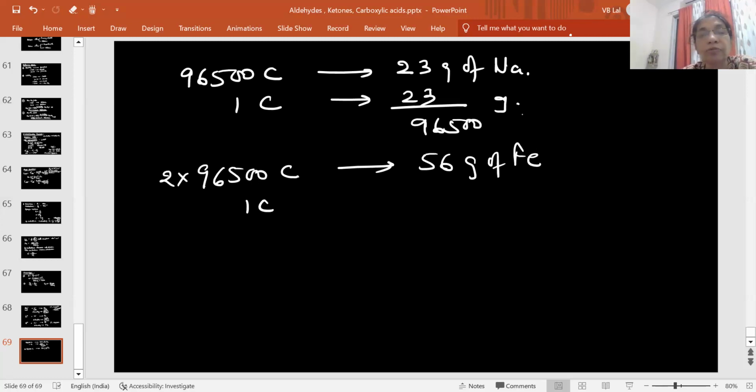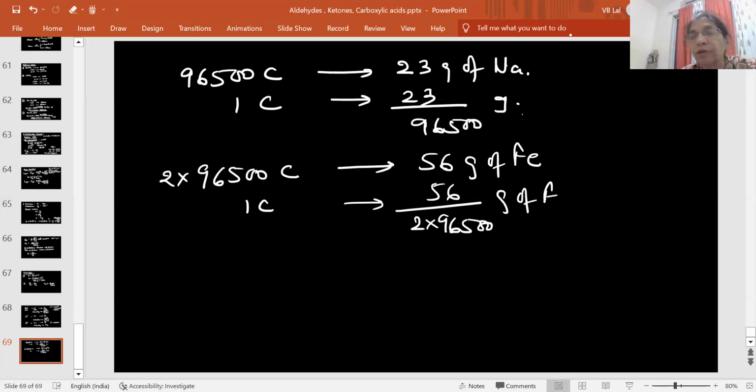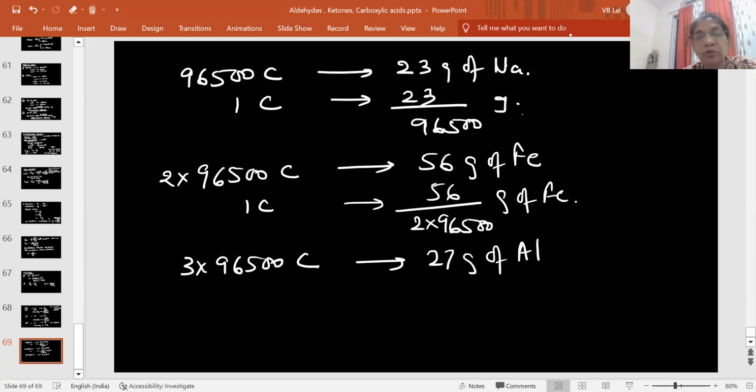So 1 coulomb will discharge 56 divided by 2 into 96500 grams of Fe. Supposing it is aluminium, 3 into 96500 coulombs will discharge 27 grams of aluminium. So 1 coulomb will discharge 27 divided by 3 into 96500.